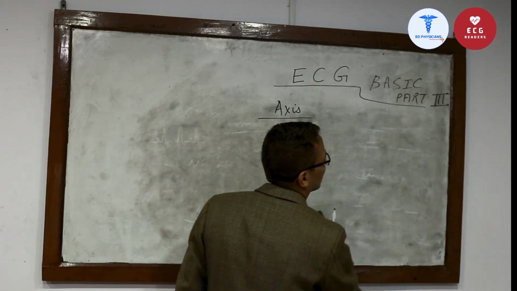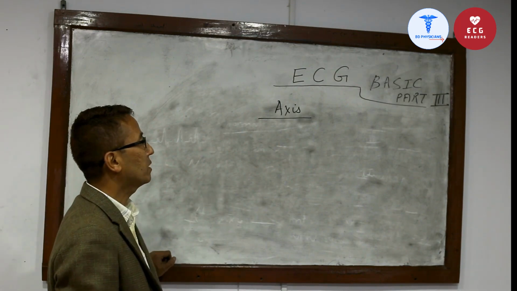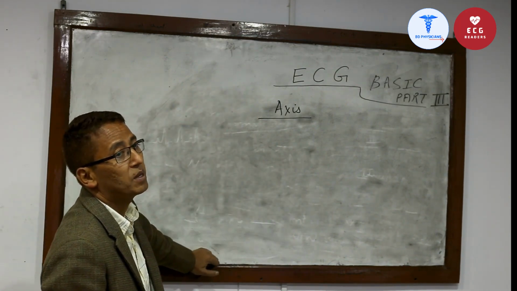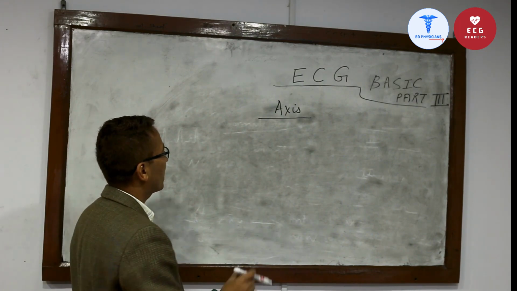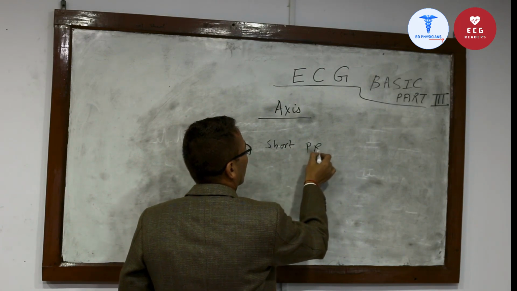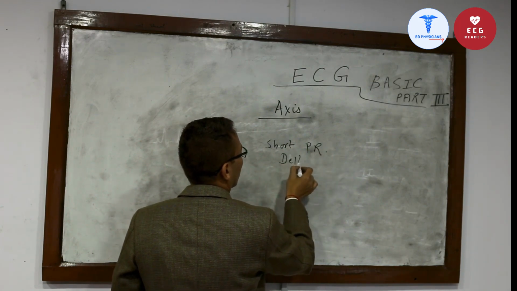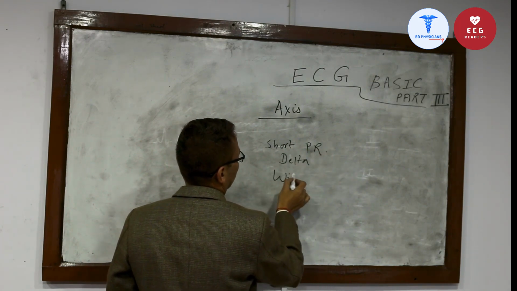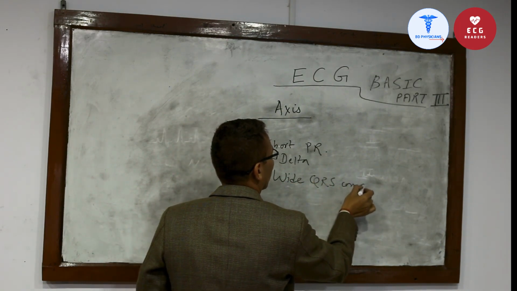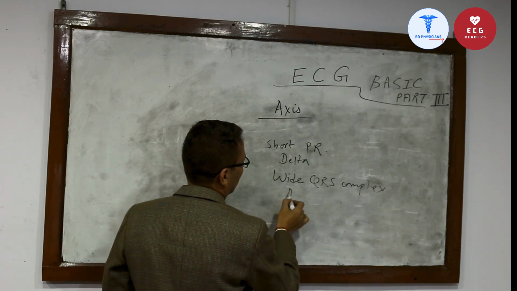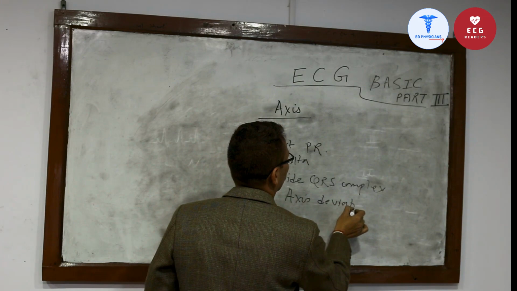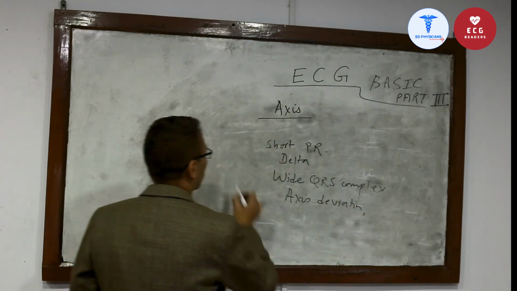WPW syndrome is one of the pre-excitation syndromes where there is always a short PR interval, a delta wave, and a wide QRS complex, and there is axis deviation.